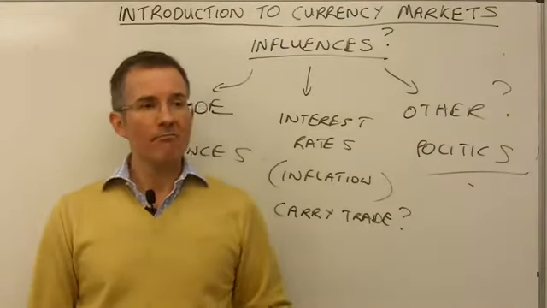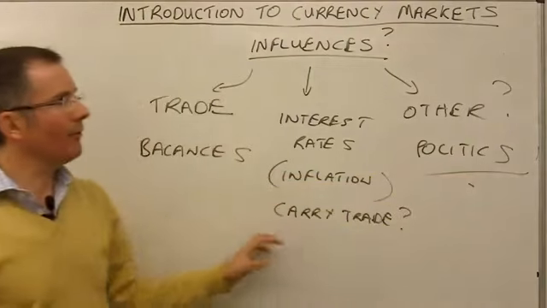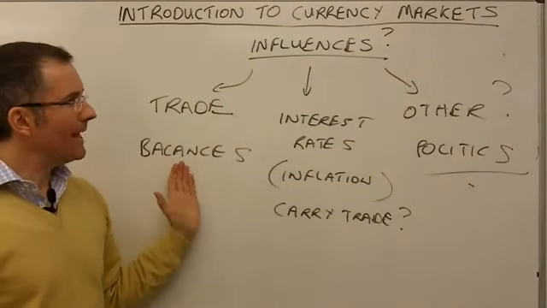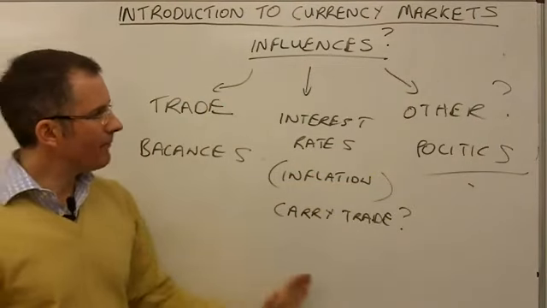So currency is very sensitive to all kinds of different pieces of information, but the principal ones: trade, key economic data such as interest rates, inflation, and then you've got the random factors, which includes the kind of political risk in the currency markets. Okay, so 3 things to think about on the foreign exchange markets.